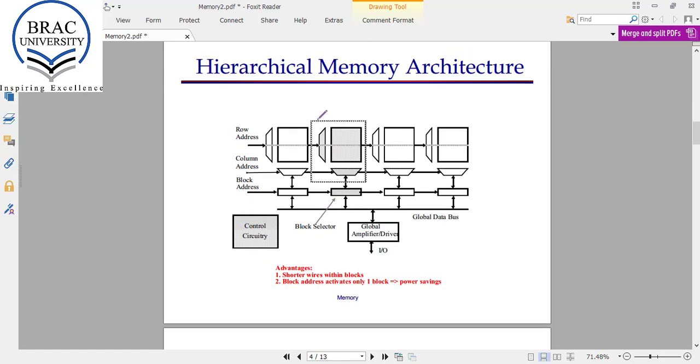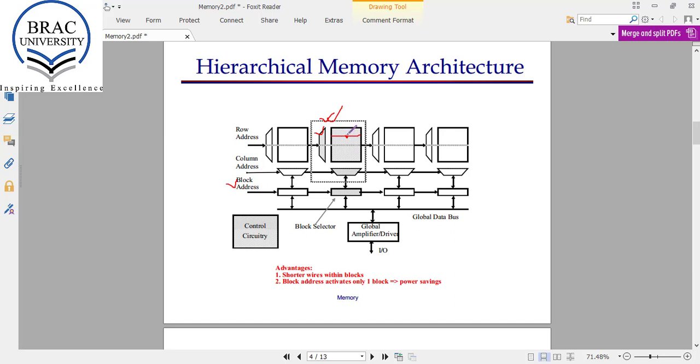Here this is one block. Now if we want to select this address A, that is a cell or a memory location located here, what we need to do first is select this block. We do this by this block address selector. Then if we want to activate a certain word line here, that is done using this row address decoder.